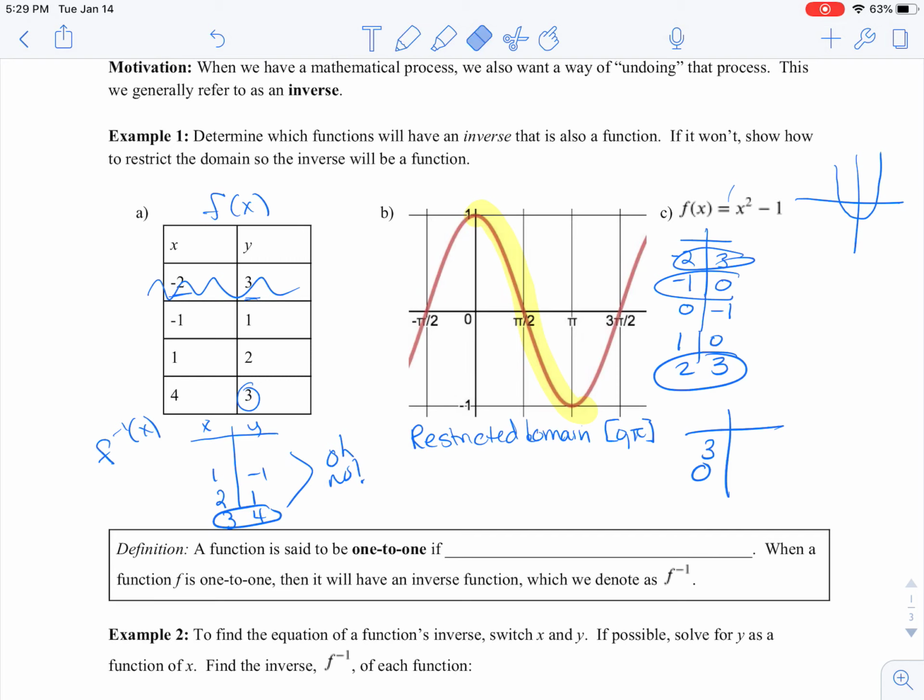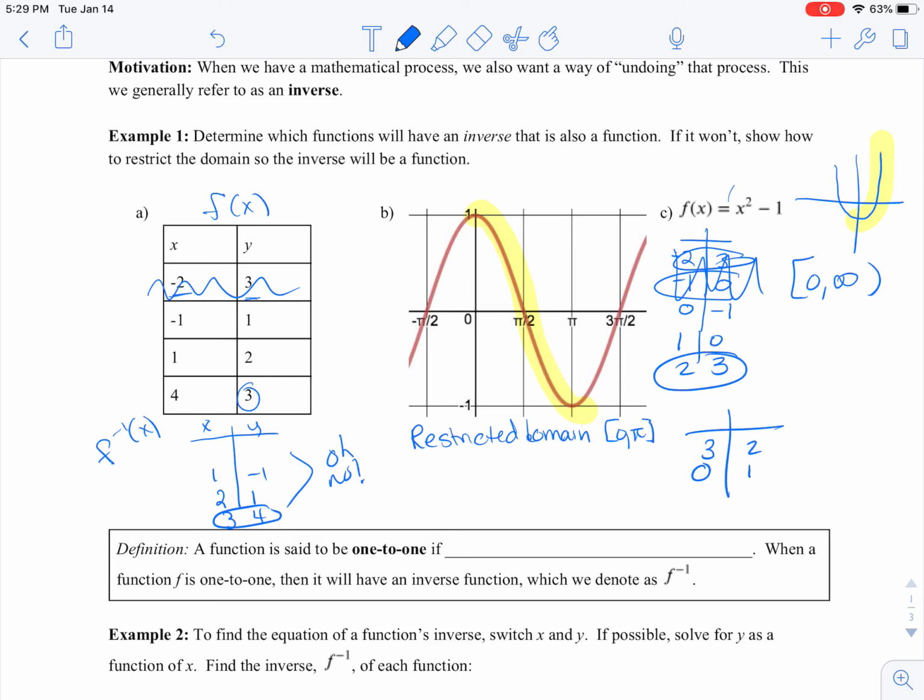With our square root function, we normally restrict the domain from 0 to infinity, so we would ignore those. When we put in 3, we would get out the positive value 2. And when we put in 0, we'd get out the positive value 1.